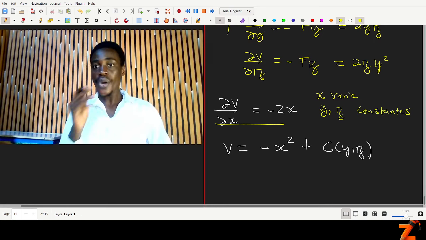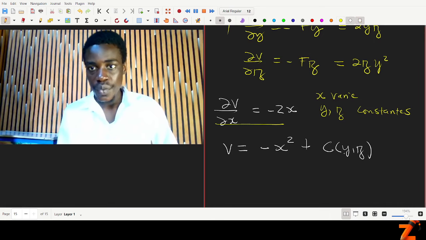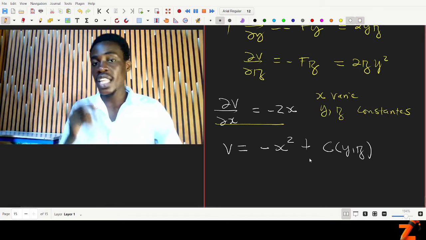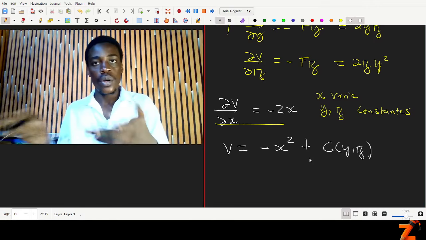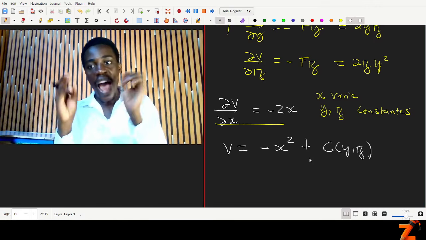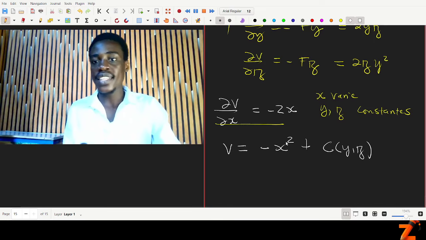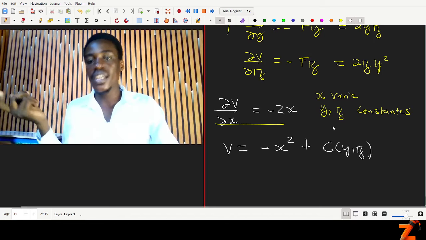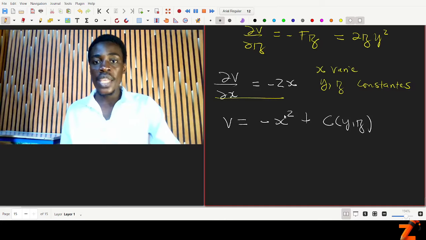Others are constants. So y and z, because the derivative is with respect to x, the other variables are constants. So it's normal to say that the constant c depends on y and z. La constante dépend de y et z, parce que c'est y et z qui sont les constantes ici. Voilà l'idée.